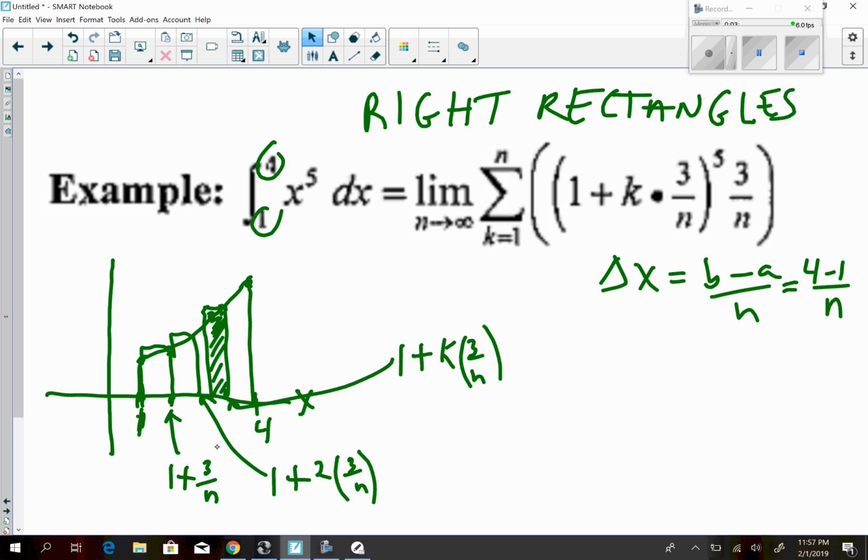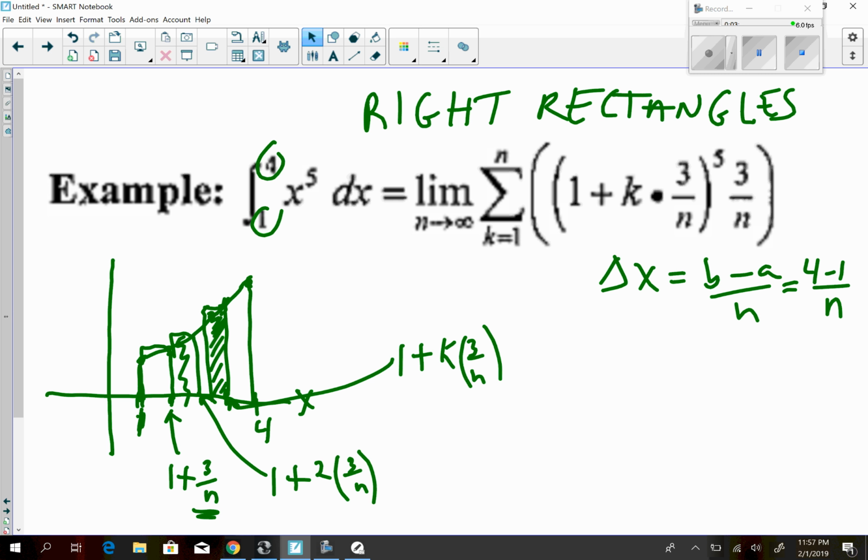I meant to say we take 3 over n times 1, that's what's here for the first rectangle. When we have 3 over n times 2, the 2 is because that's the second rectangle. So in general, if this is the kth rectangle, this point right here on the x-axis is 1, because we started at 1, plus k times 3 over n.